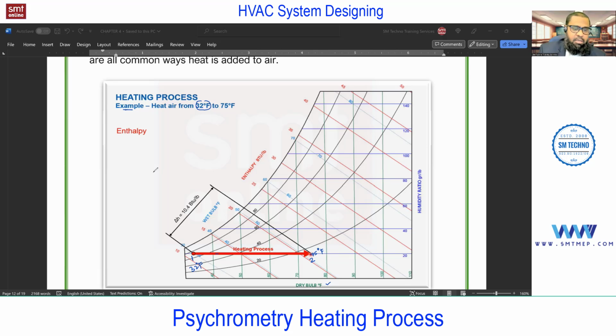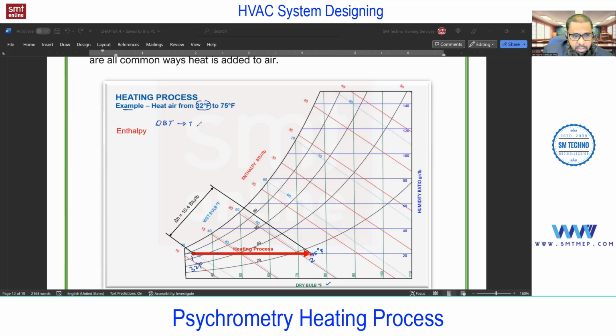Let me write the conditions first. If you want, you can make a note of this. You can write heating process in the notes. Just write down this point. All these notes you'll get, don't worry, but this point is not in the notes, so that will help you. The first condition is the dry bulb temperature.